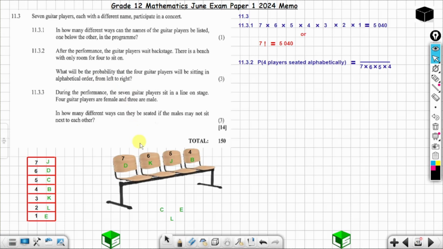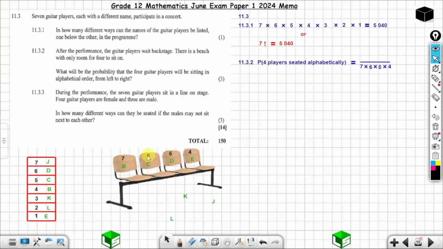In alphabetical order, you start with the first letter: B, and then C, D, and E. This can only happen once.